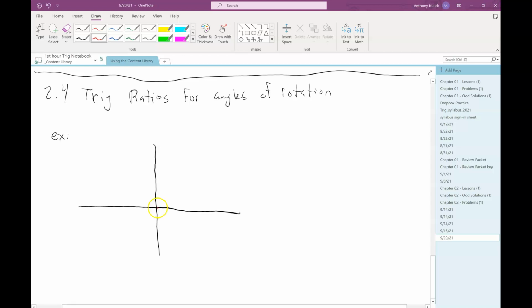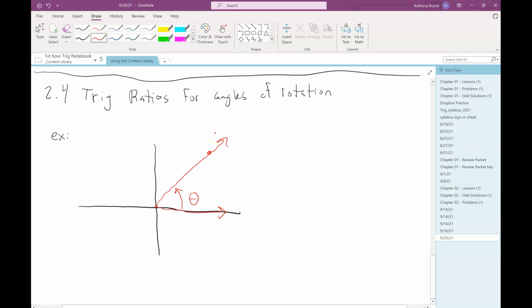So let's just say we have some angle of rotation here. I'm just going to call that angle theta. Now I'm going to pick a point on that terminal side.